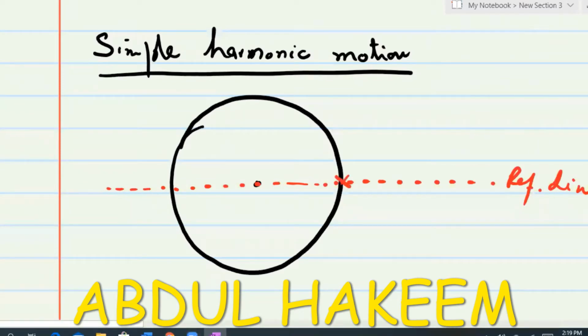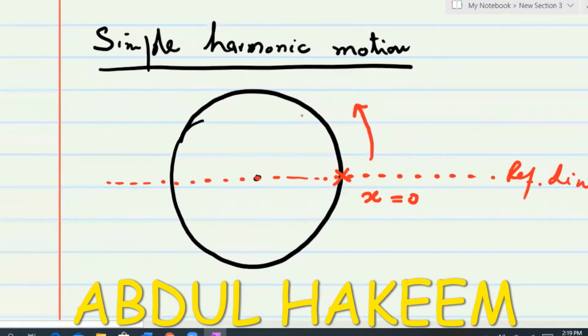Suppose this edge of the circle is marked as a cross. So the displacement of this cross mark from the reference line is 0. Now we rotate the circle either in the clockwise direction or in the anti-clockwise direction. Suppose in this direction.